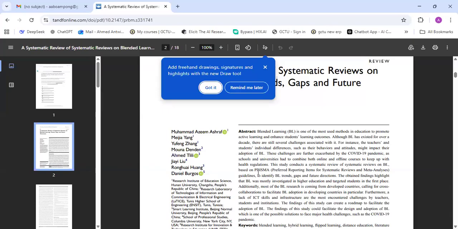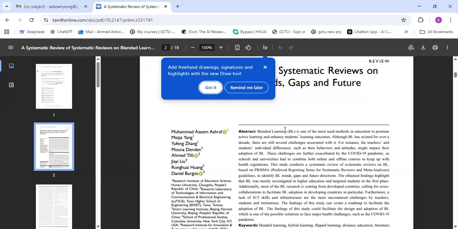What this means is that this is a secondary review that collects a whole lot of papers within that area from a certain period, maybe from 2010 to 2020. It will look at all peer-reviewed relevant blended learning papers that have contributed significantly to that area. All right. And so this type of material here becomes what? Secondary sources. Is that okay?